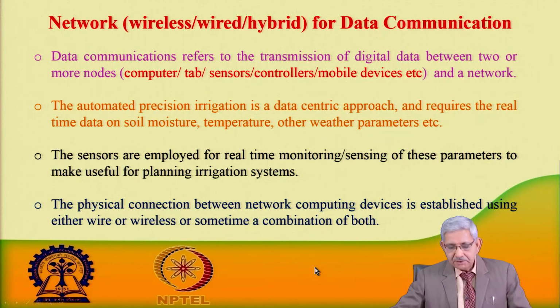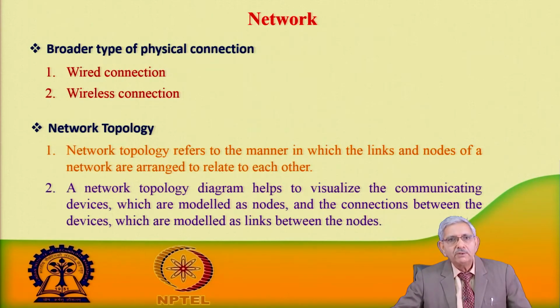The physical connection between the network computing devices is established either by wire using cables, or without cable, which is wireless, or it could be a combination of both. Some part can be wireless and some part we get data by wire or cable system.